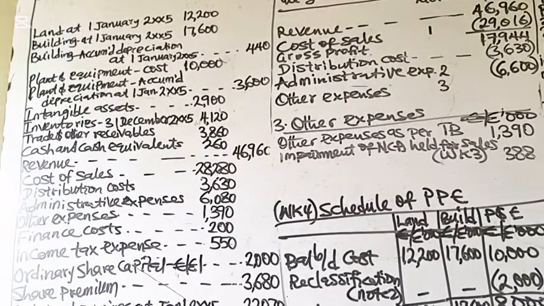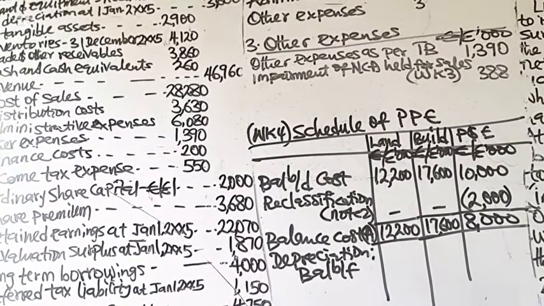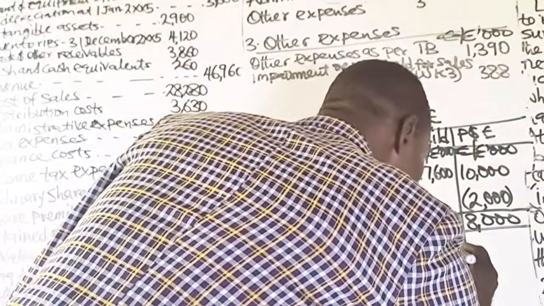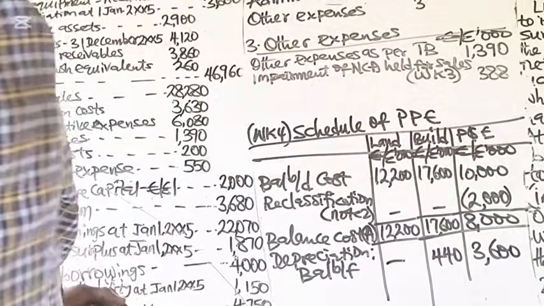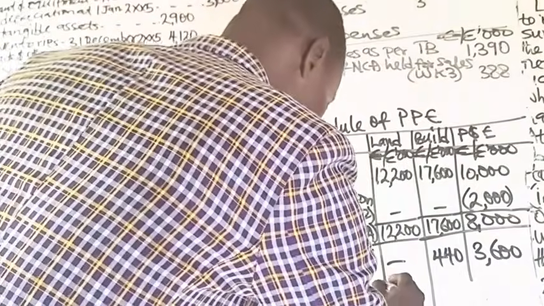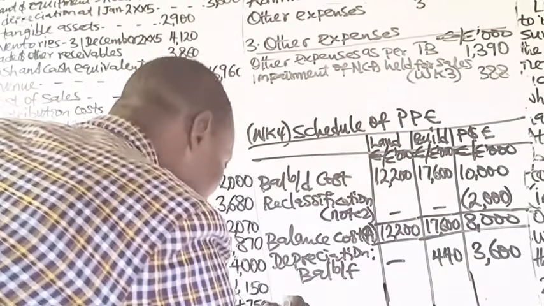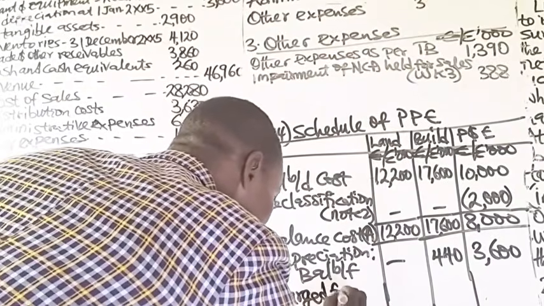So building is 440, while that of plant and equipment is 3,600. Remember, land is not a depreciable asset. After this, you have the depreciation charge for the year.